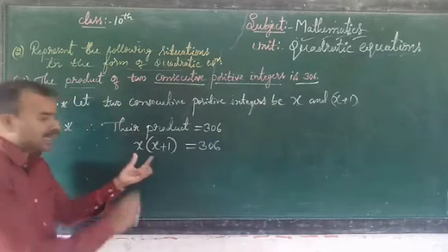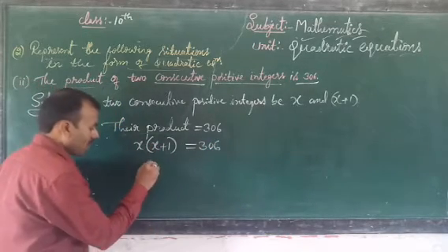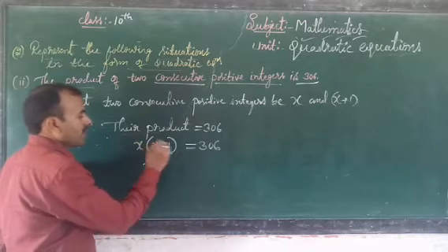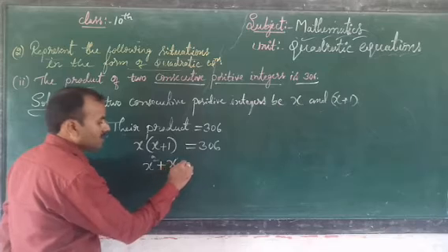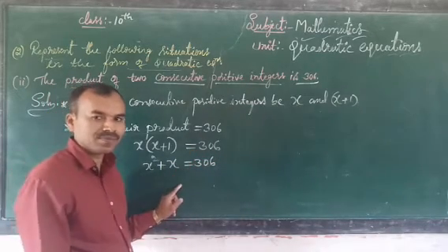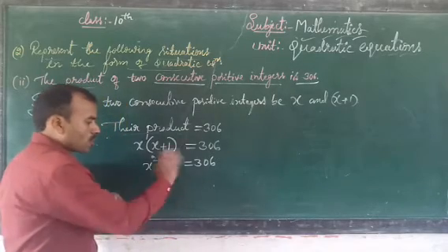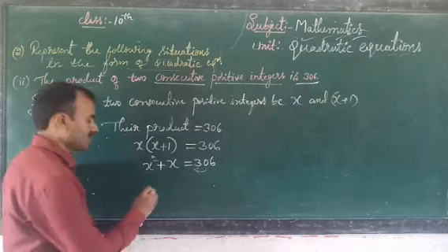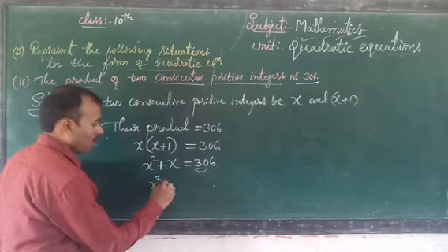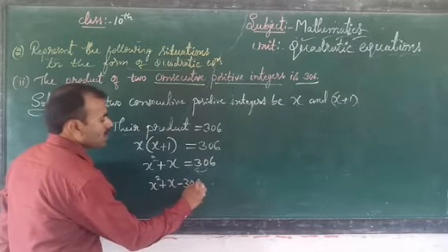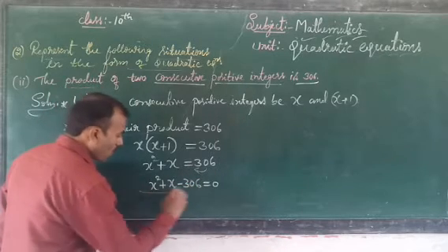Multiplying, x into x is x square, plus x into 1 is x, equals 306. What is the next step? Yes, just transpose 306 to the LHS. x square plus x minus 306 equals 0.